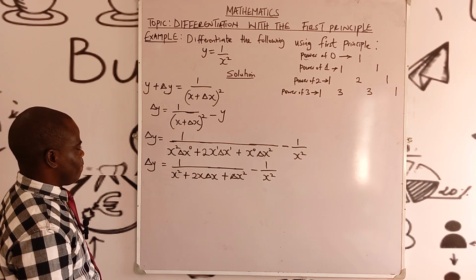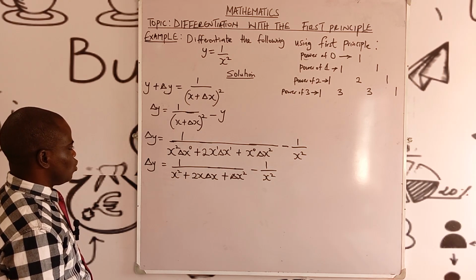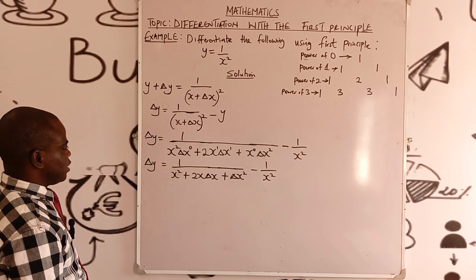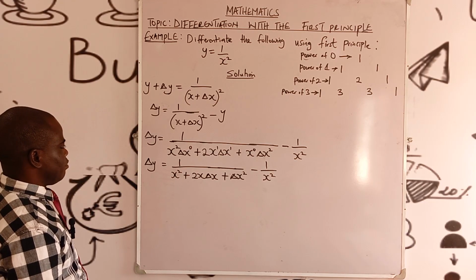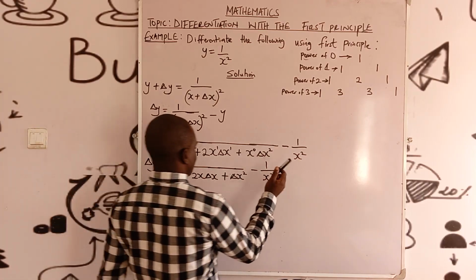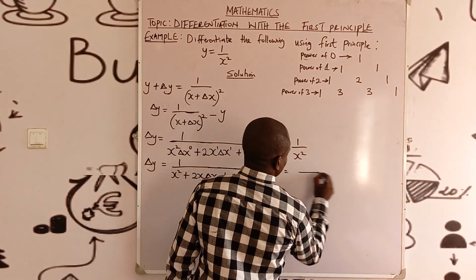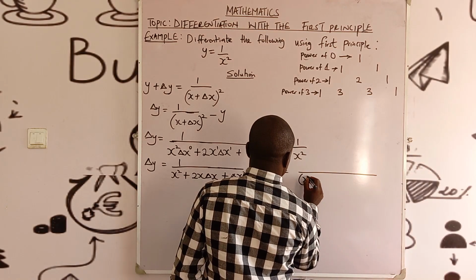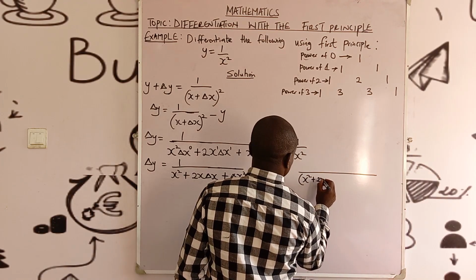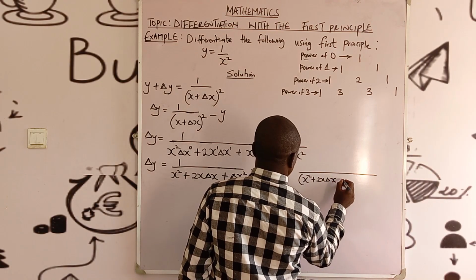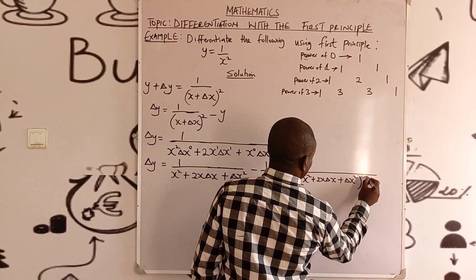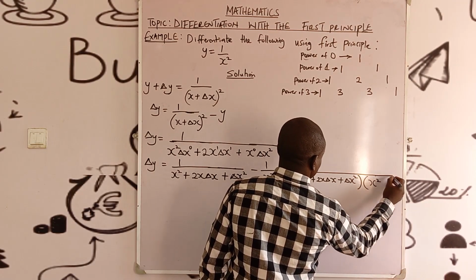At this point, what we need to do is to find the LCM. The LCM is x squared plus 2x dx plus the x squared. Close the bracket and put x squared.